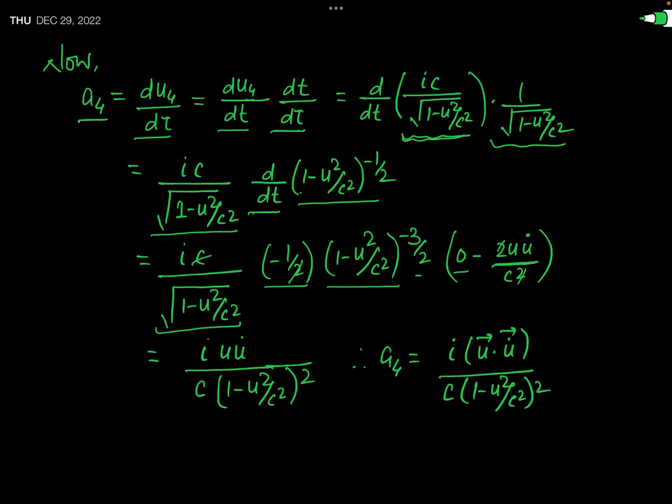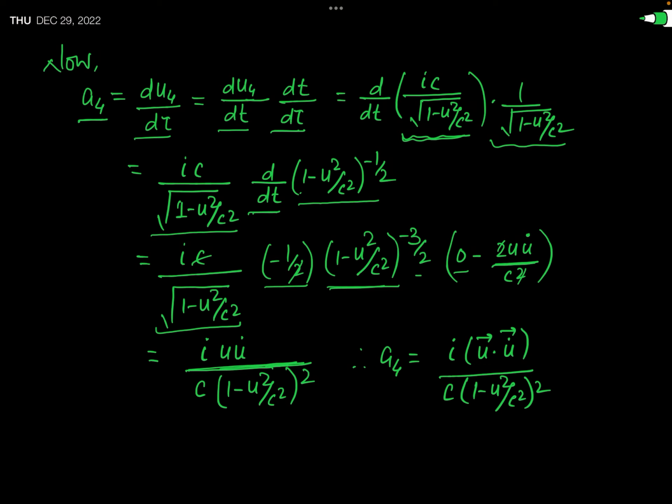So finally we get that this A4 is equal to i times u dot over c times (1 minus u square by c square) whole square. Okay, why whole square? When in the denominator the power will be plus 3 by 2, and that power and this half power, when we add them, that will be 2.